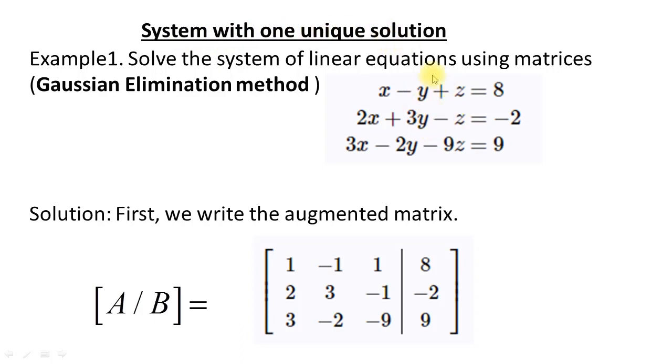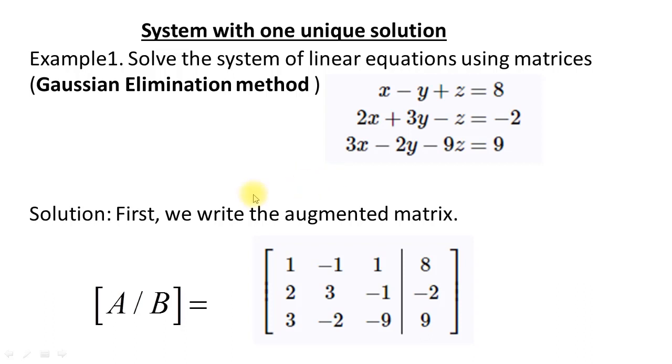How can we identify that this system has a unique solution? Let's see. I will tell you the point from which we can identify whether the system has a unique solution, infinitely many solutions, or no solution.